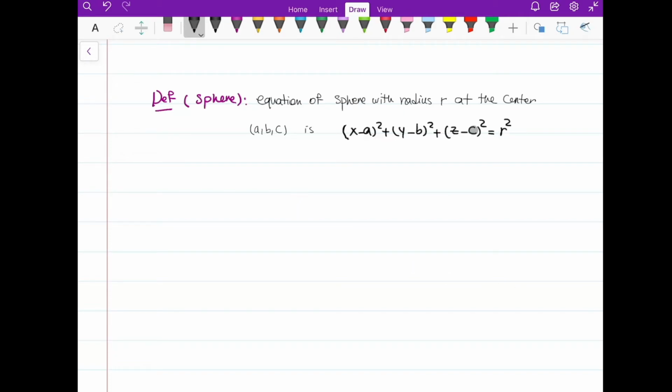A, b, c, and r are just numbers, and x, y, and z are variables.